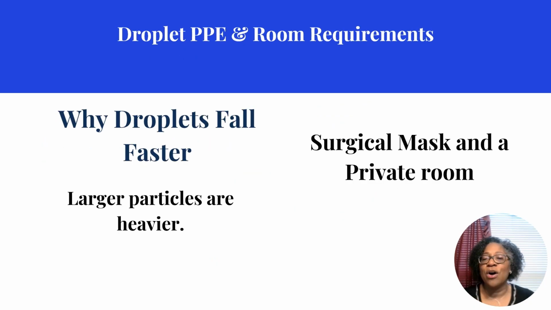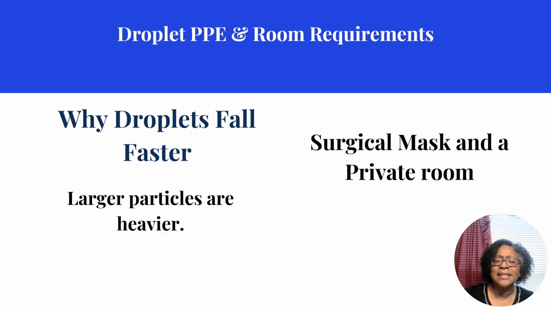Now for PPE for droplet precautions, the nurse is going to wear a surgical mask, not an N95, unless it's specifically required if the doctor orders it. And why? Because the droplets are larger, they fall faster, they don't remain suspended long enough in the air that would require a specialized respiratory filtration, like that negative pressure room.